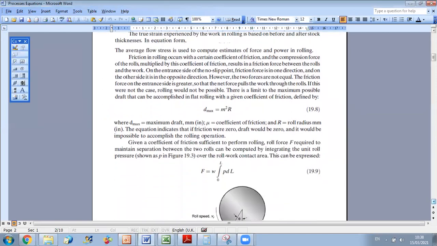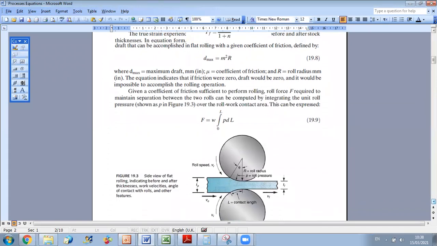Given a coefficient of friction sufficient to perform the rolling operation, the roll force F required to maintain separation between the two rolls can be computed by integrating the unit roll pressure over the roll-work contact area. This is expressed by F equals integral of p w dL. What do we mean by this?